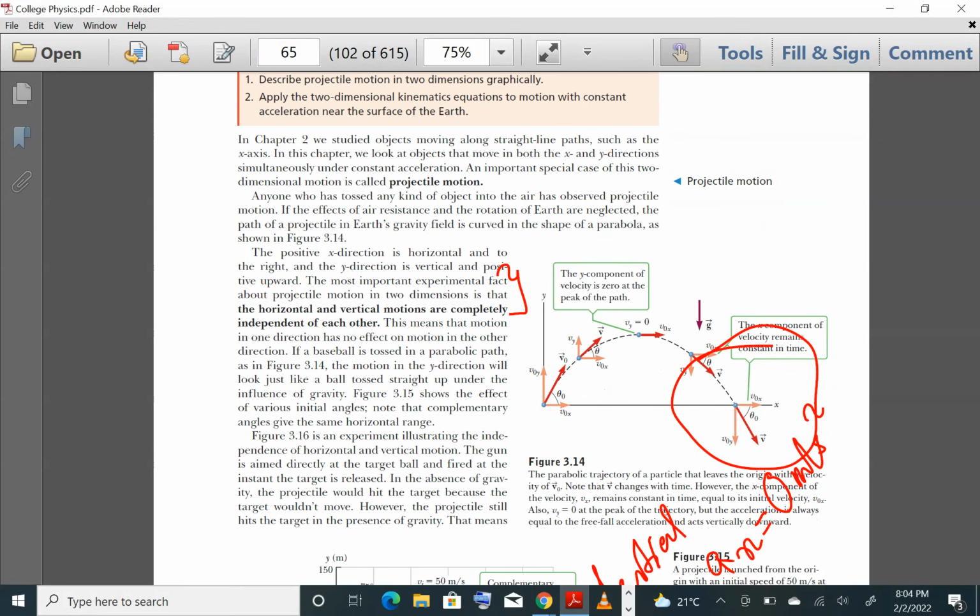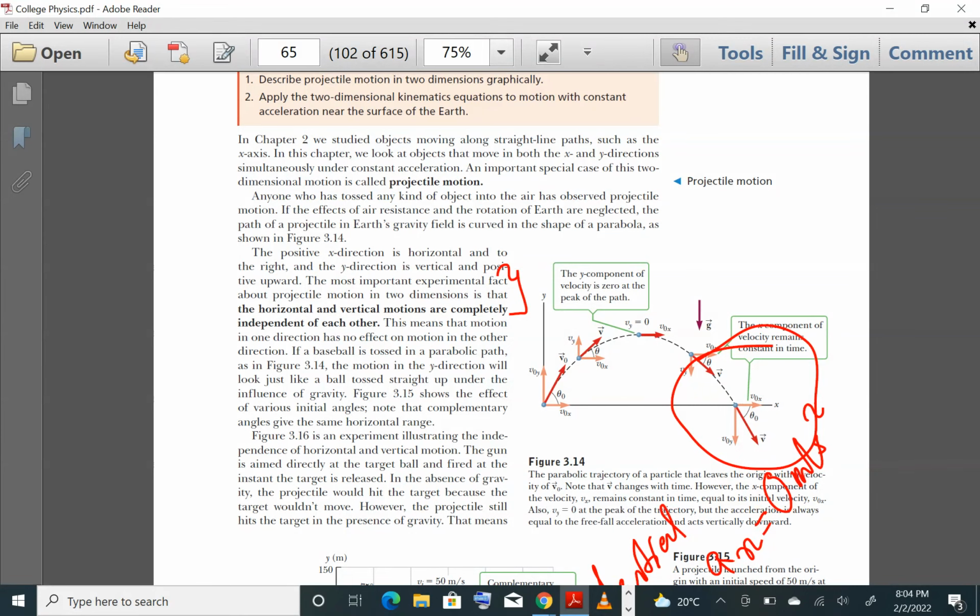Okay, so now look at the diagram on the far right. Someone has thrown something; it could be a bullet that's been fired, or someone throws a stone at an angle. What you are seeing in orange are the x and y components, and what you are seeing in red is the resultant.